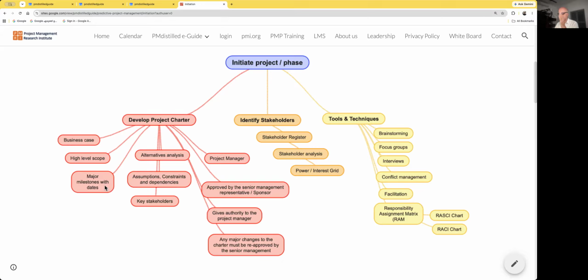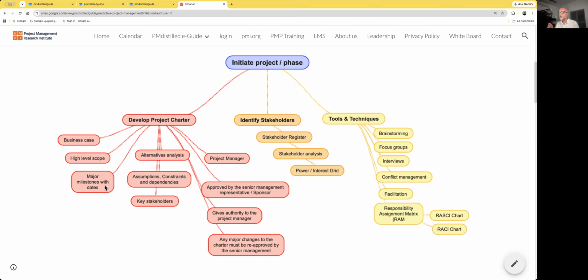So those kinds of major milestones. The key thing is a milestone is a major accomplishment in a project. A milestone per se doesn't consume any resources. When we complete all the associated activities, a milestone is accomplished.